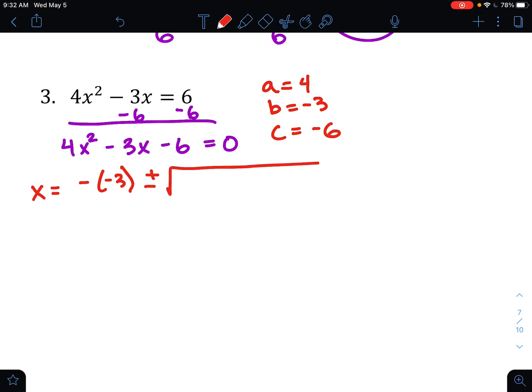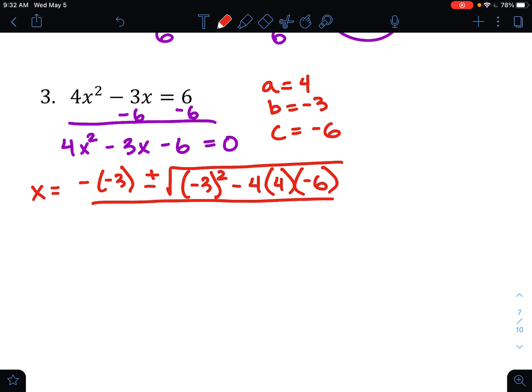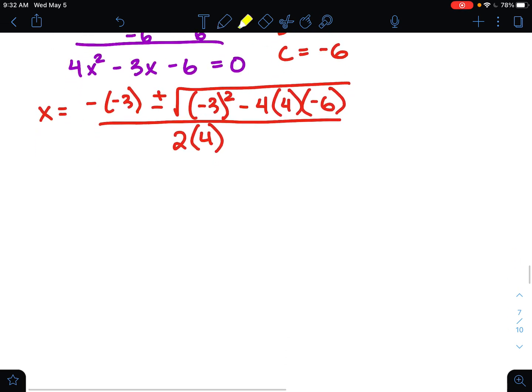So negative b plus or minus the square root, parentheses, b squared. So negative 3 parentheses squared minus 4 times a, which is 4, times c, which is negative 6. Divide all over 2 times 4. All right, we are next going to simplify the square root symbol.